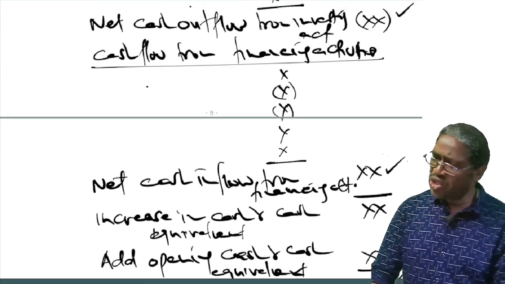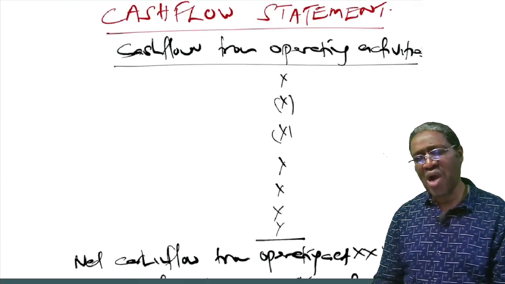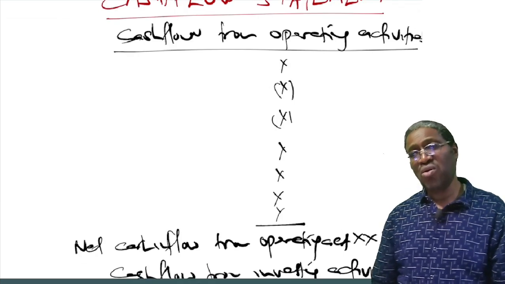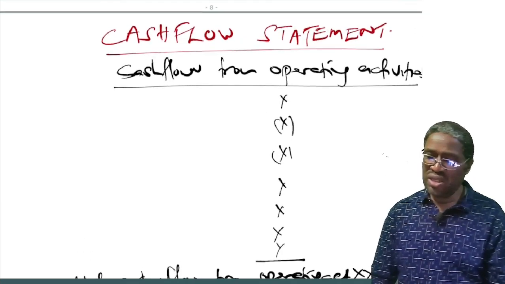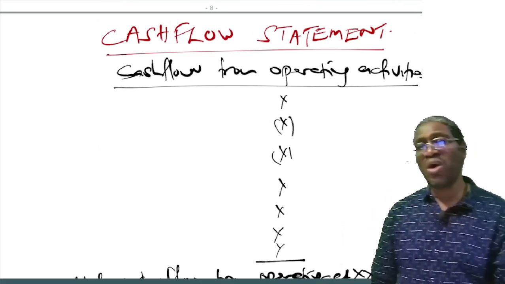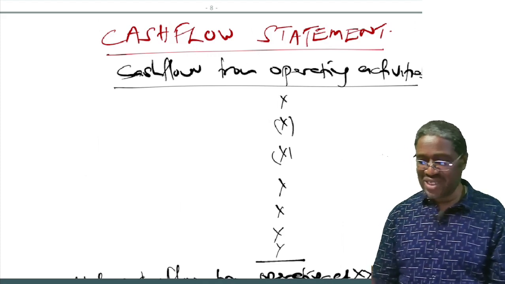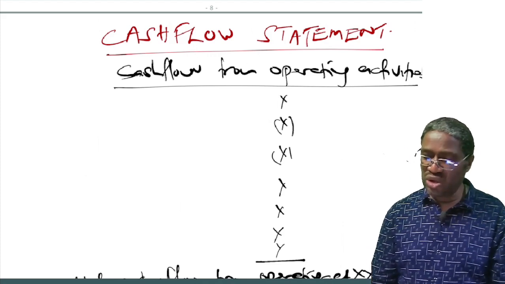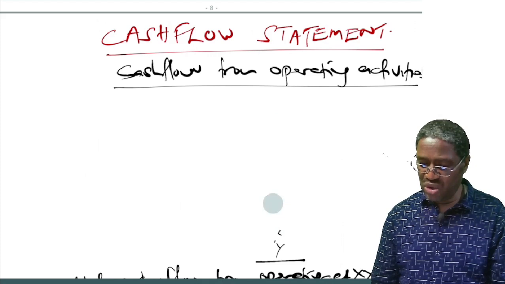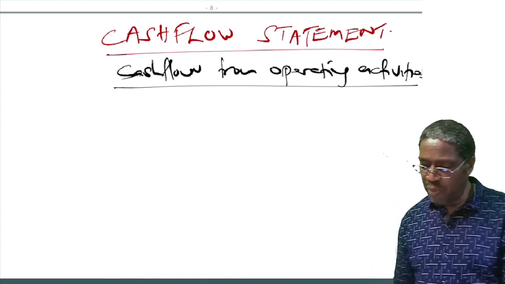Now, we want to go back and look at each category, how you determine the cash flows from operating activities. That's again something I want to remind you.